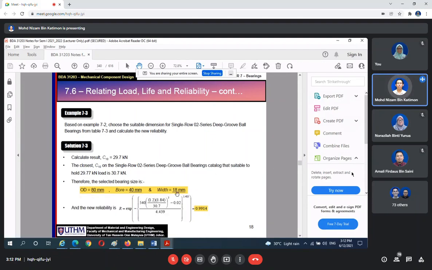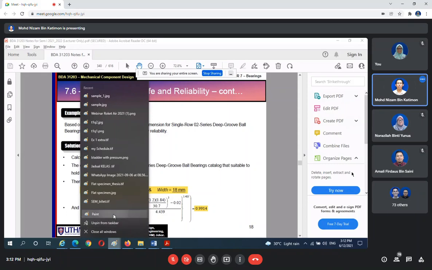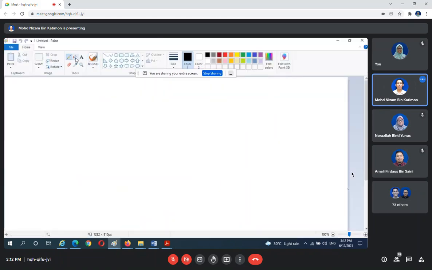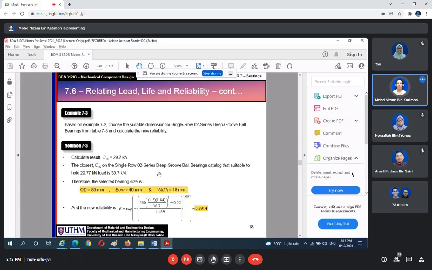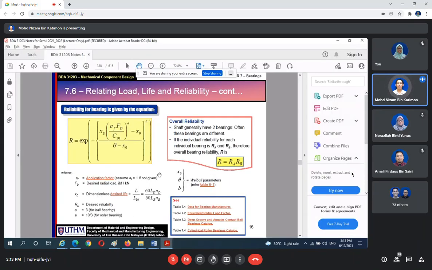Let's say we have... Okay, another example is on the second equation.